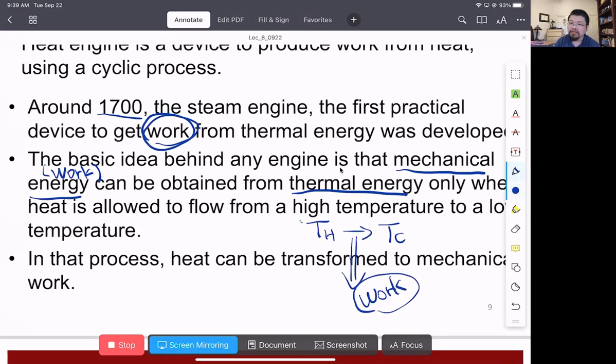Okay. Then the question is, what would be the relationship between T hot, T cold, and the amount of work? What would be the efficiency? How do we maintain the temperature so that I can have the maximum use of the coal?